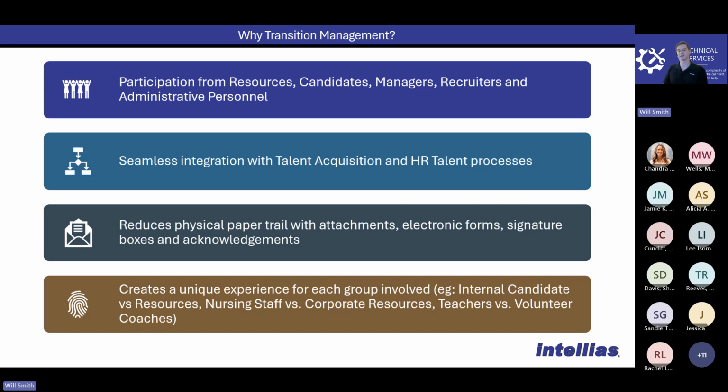Transition management lets us automatically distribute tasks to those people and get participation from all these different groups, and then can help us amalgamate that all into one program or one easy to find group of tasks that these managers and recruiters and administrators can go monitor.